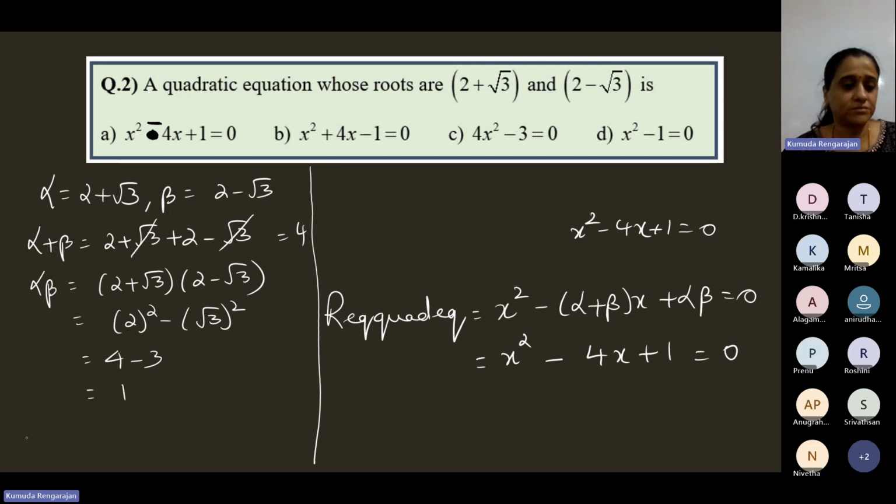So option A. So we have to find the sum of the zeros and the product of the zeros, and put it in the format x squared minus (alpha plus beta) x plus alpha beta is equal to 0.